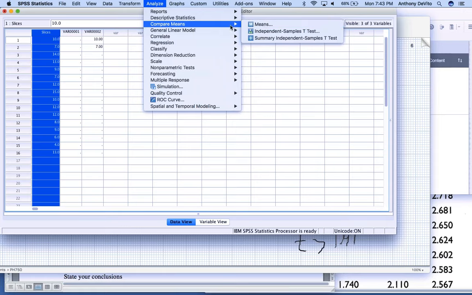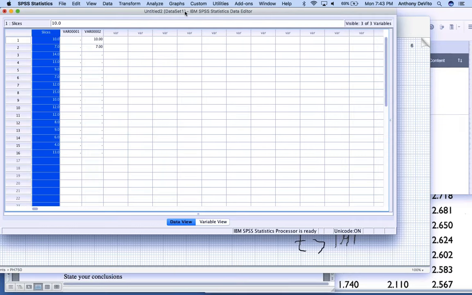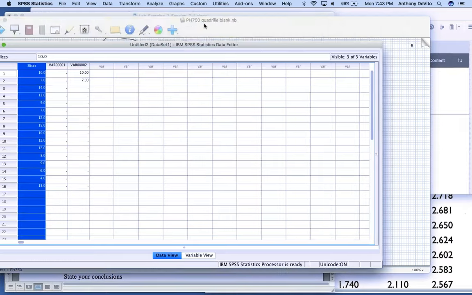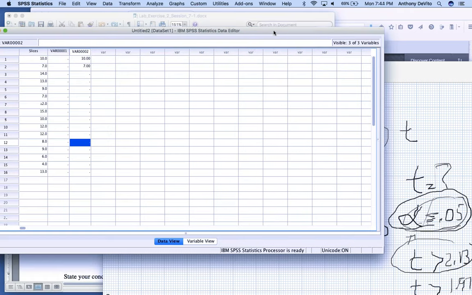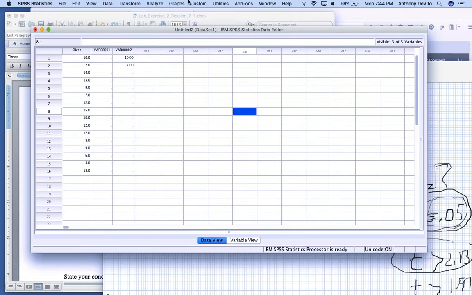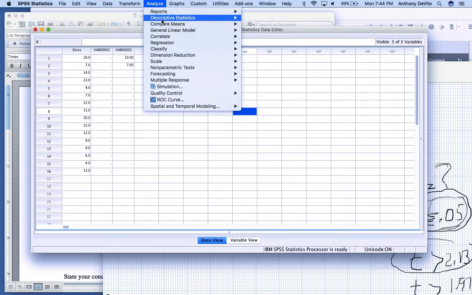I have a couple of things here. One of them is means. One's independent samples t-test. How come this looks like this? What happened to my menu? Let me try opening the output page here. Okay, Analyze.